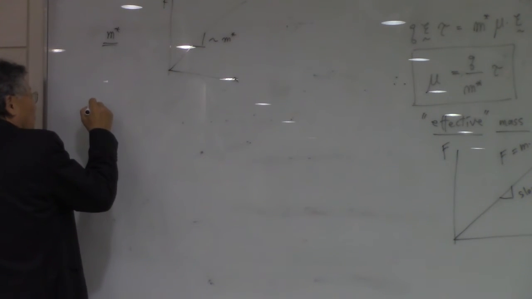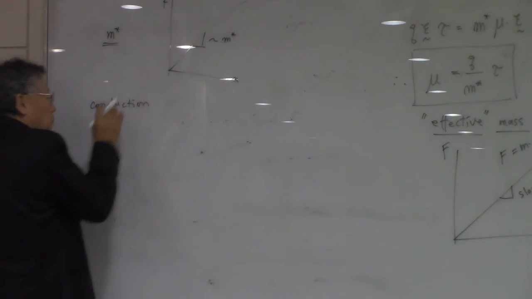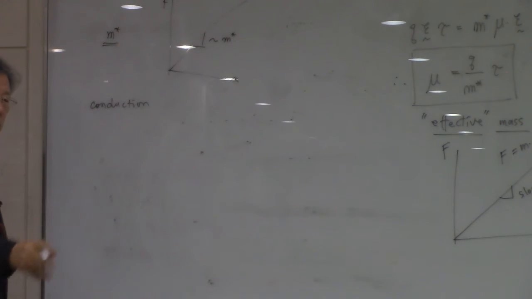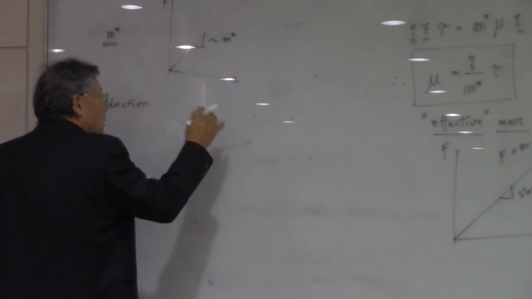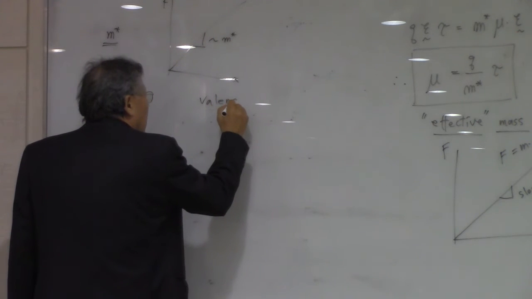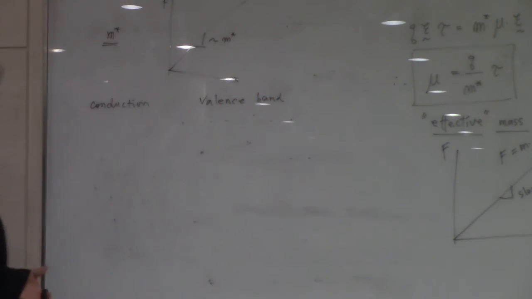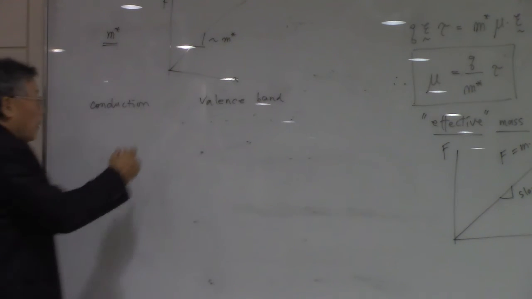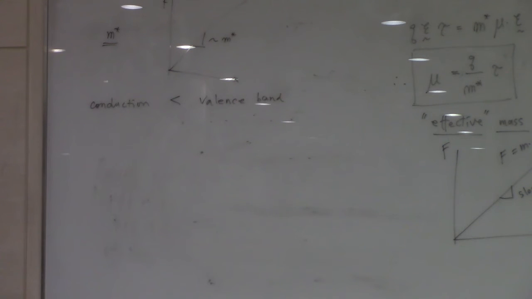And what is the effective mass of electrons in the conduction band, and the effective mass of electrons in the valence band? Which one is going to be big? The mass in the valence band is going to be big, right?